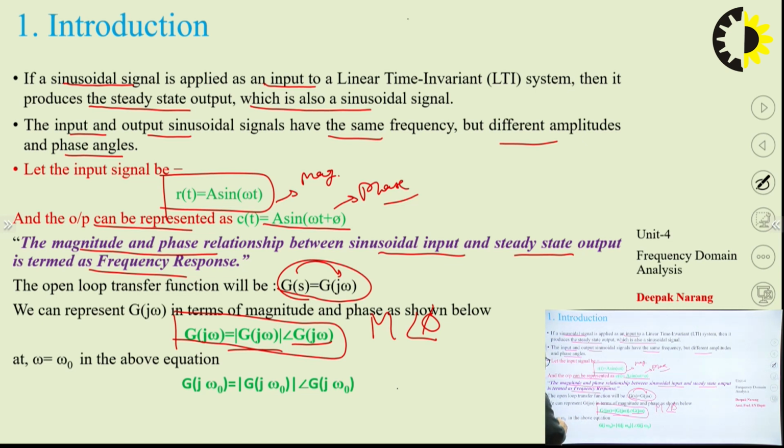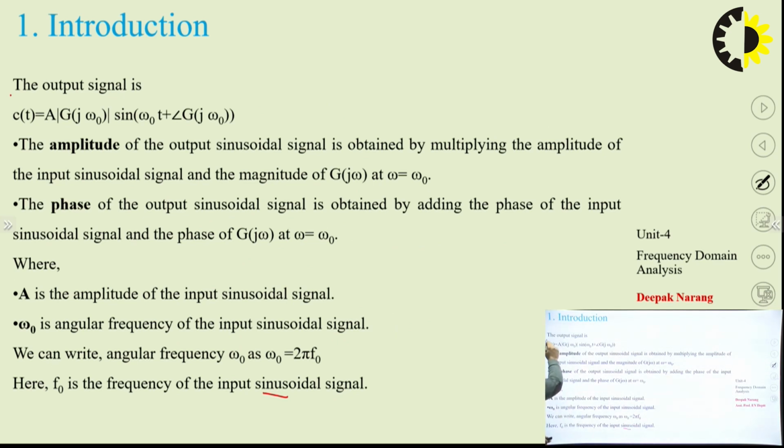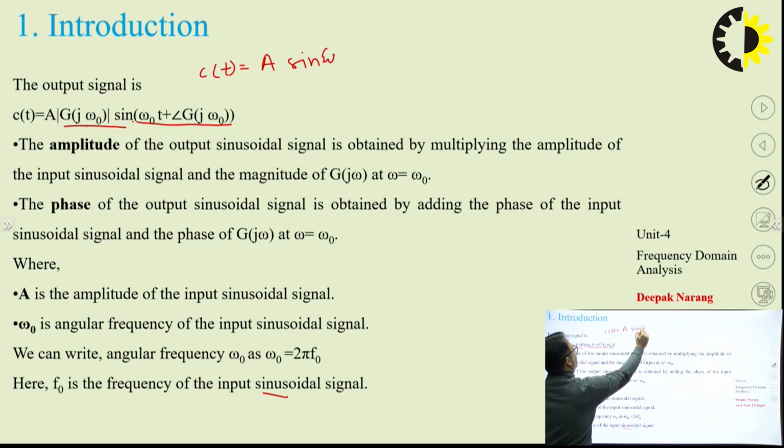So at omega equal to omega naught, we will replace omega by omega naught. Okay. So the output signal becomes c(t) equal to A times mod G(j omega naught) sin(omega naught t plus phase). As we know, c(t) is equal to A sin(omega t plus phi).